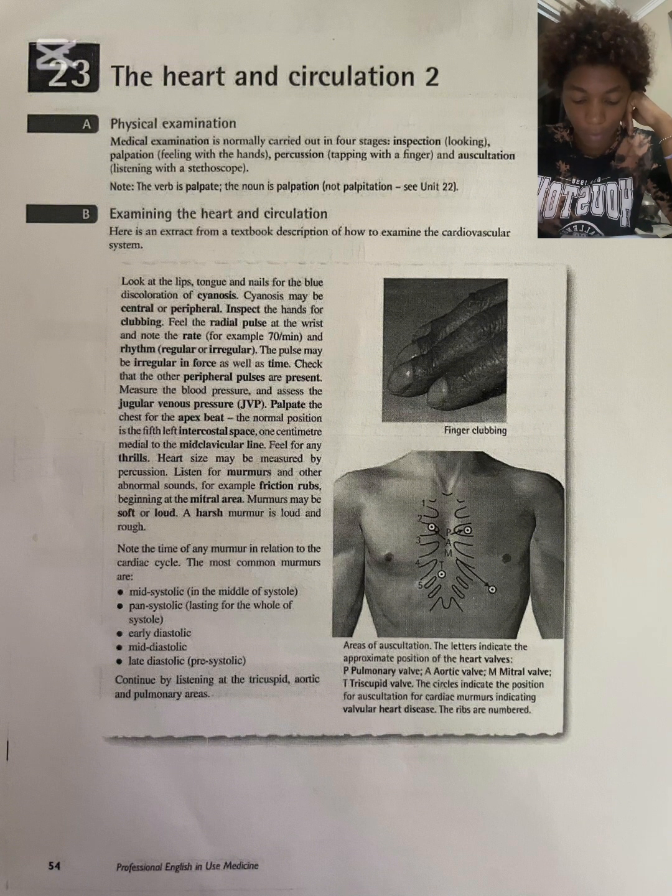Feel the radial pulse at the wrist and note the rate and rhythm. The pulse may be irregular in force as well as time. Check that the other peripheral pulses are present. Measure the blood pressure and assess the jugular venous pressure.